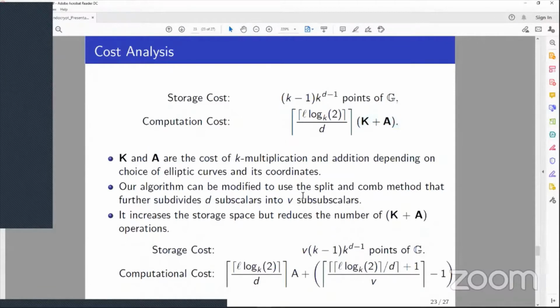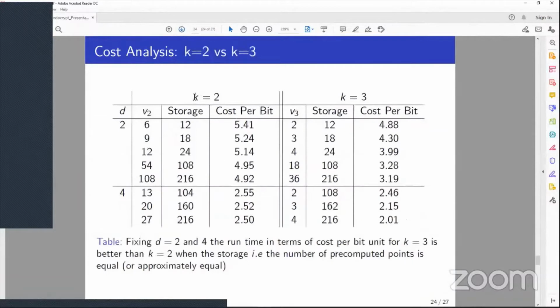We also use another method, the split and comb method, where we divide a scalar into more subscalars, and depending on that, we give further implementation.